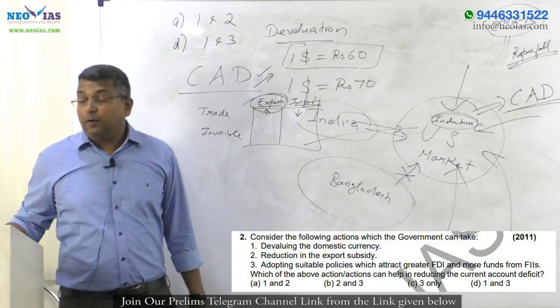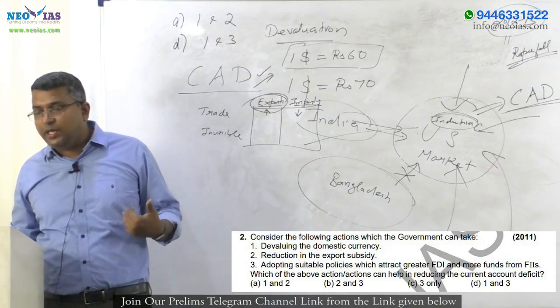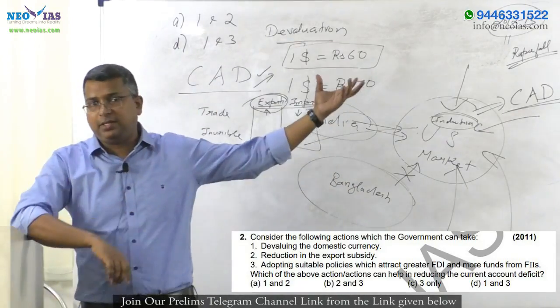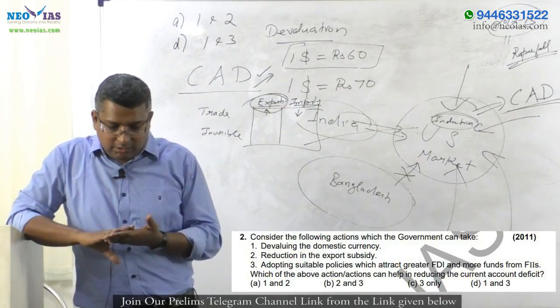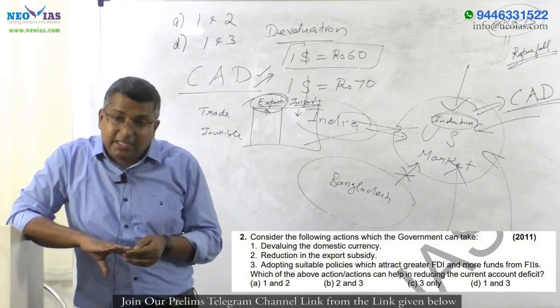But again, the question is: consider the following actions. In the case of India, import will get affected, that is no doubt. But the question is in relation to what the government can do.